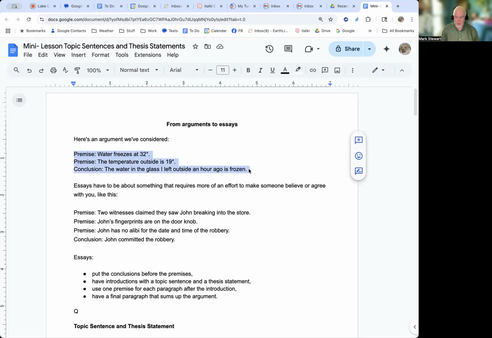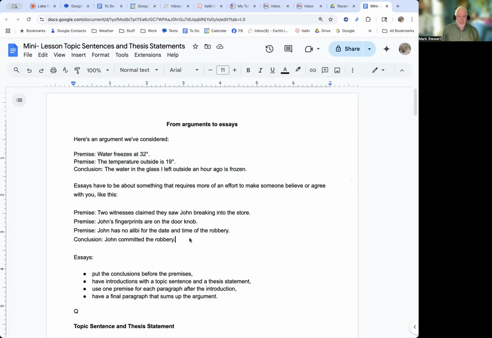Very simple argument, hard to disagree with, and that's important. The first premise is that water freezes at 32 degrees. Second premise, the temperature outside is 19 degrees, lower than 32. And the conclusion is that the water in the glass I left outside an hour ago is frozen. Hard to disagree with that, right?